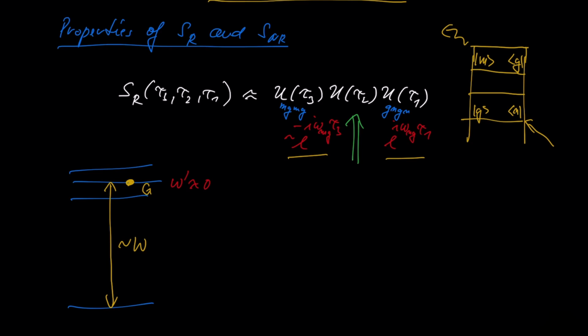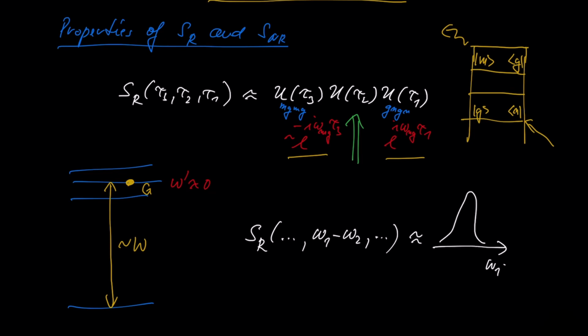And with that, we can assume that the function SR, whatever this is here and here, omega 1 minus omega 2, peaks around 0.